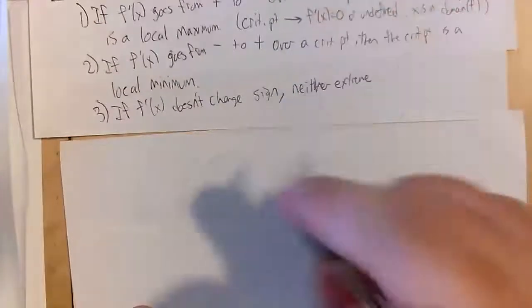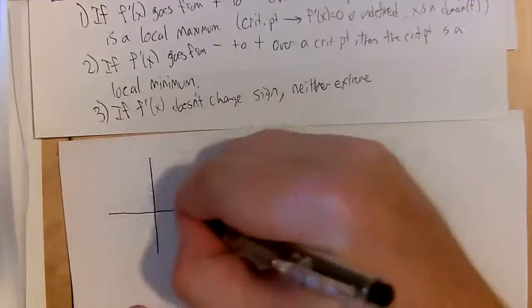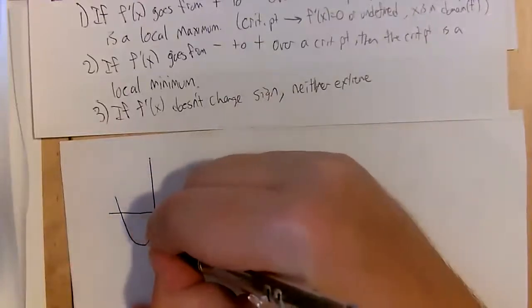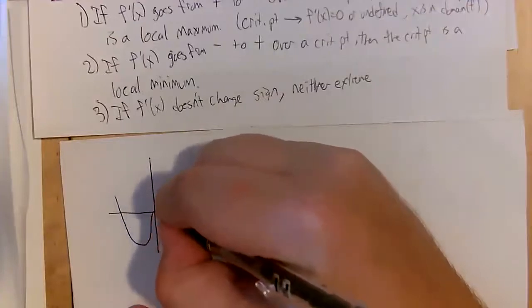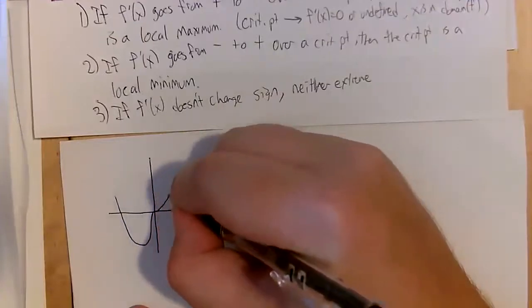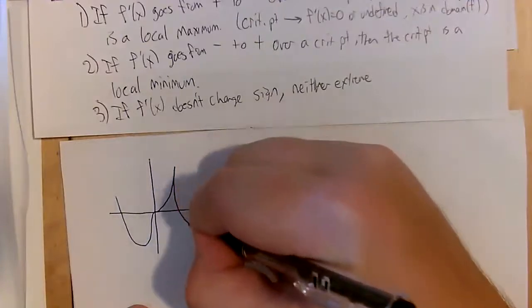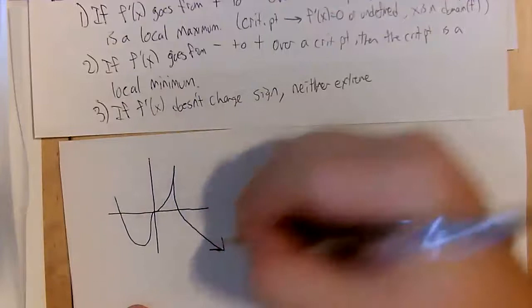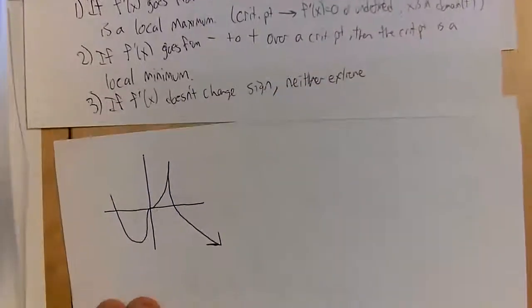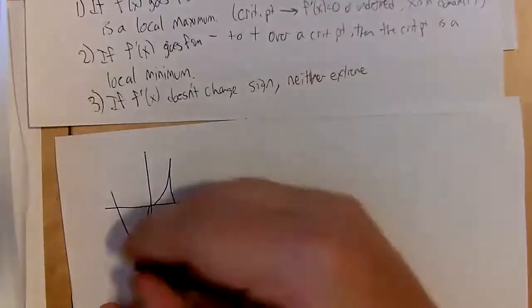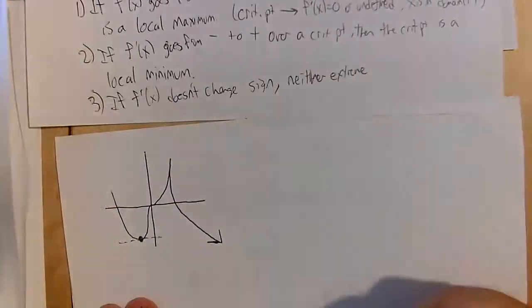All right, so here is a picture explaining what's going on with this. So let's say we have a function that looks like this. It starts like this, and it's flat down here, and then it levels off for a moment here, and then it sort of spikes there, and goes down like this. All right, so we can see here at this point, this is a critical point because we're going to have a flat tangent line.